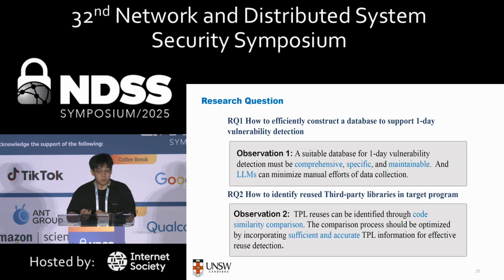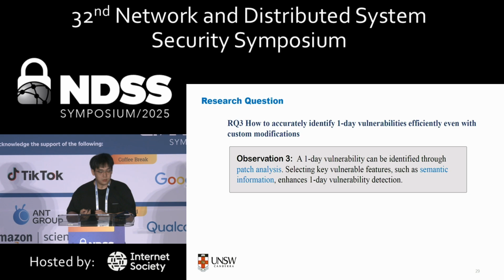For third-party library reuse detection, our observation is that TPL reuse can be identified through code similarity comparison, and sufficient and accurate TPL information can optimize the detection process. And for one-day vulnerability detection, our observation is that one-day vulnerabilities can be identified through patch analysis, and semantic information should also be used to enhance the detection process.